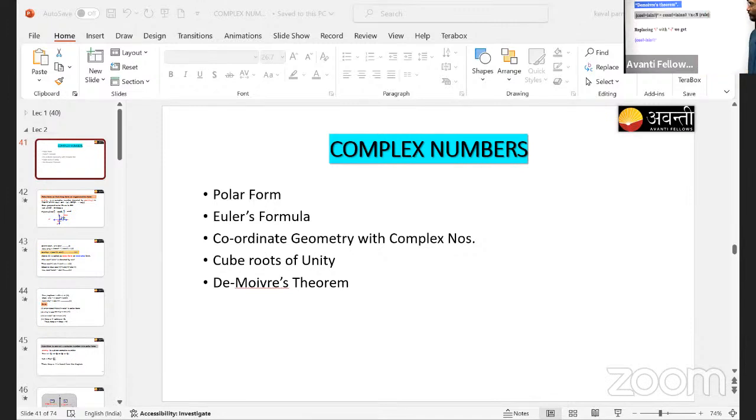Here, same, if it is cos theta minus i sin theta, then it will be cos n theta minus i sin n theta. Basically, this n jumps into the angles, so it becomes n theta. Got it? This is de Moivre's theorem.